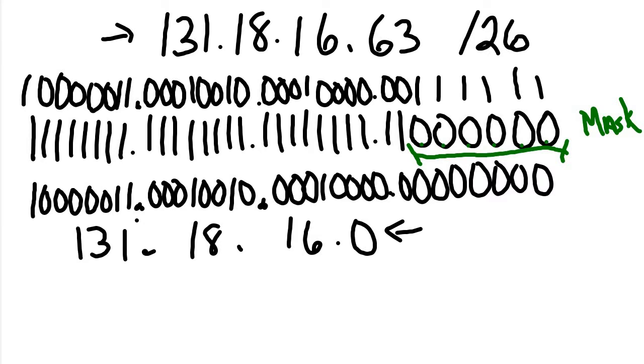So we're going to look at the last 6 bits in our network address. Those 6 bits will be converted into ones. So if I write that down, I'm going to have 6 bits: 1, 2, 3, 4, 5, 6.